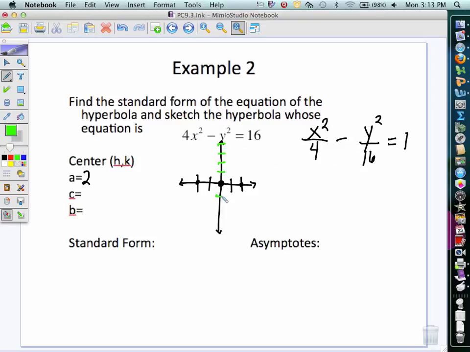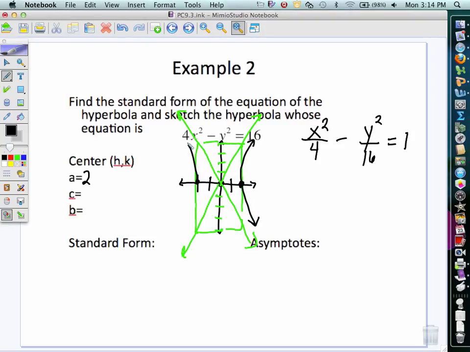Now I create my asymptotes by going 4 units up, which comes from the square root of 16, and 4 units down, and you create this box. This gets my asymptotes in line. These are the asymptotes. They go through the corners of the box and through the center.